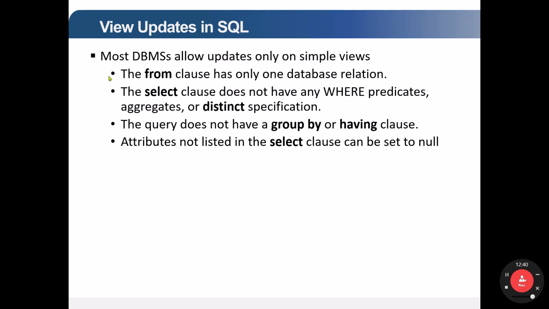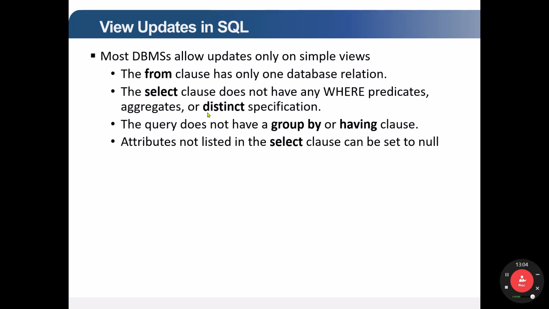So most DBMS allows insertion or update only on very simple views. The from clause must have just one single database table, and there should be no where predicate, and there should be no aggregation. I mean aggregate functions like sum, count shouldn't be used in the view.